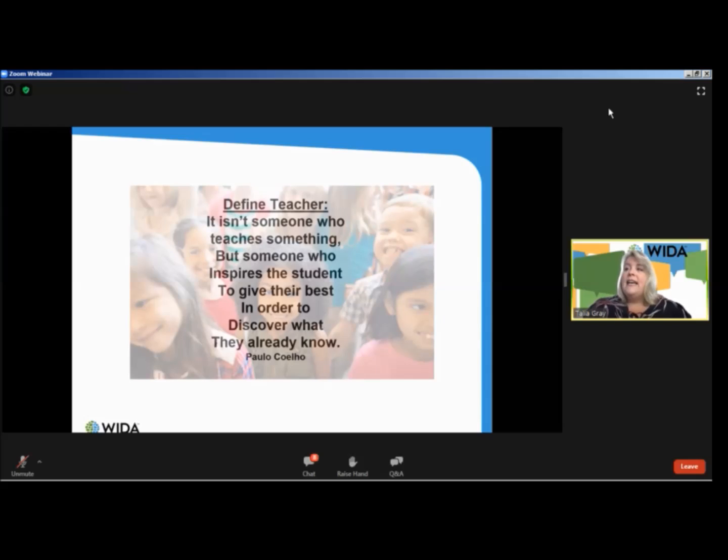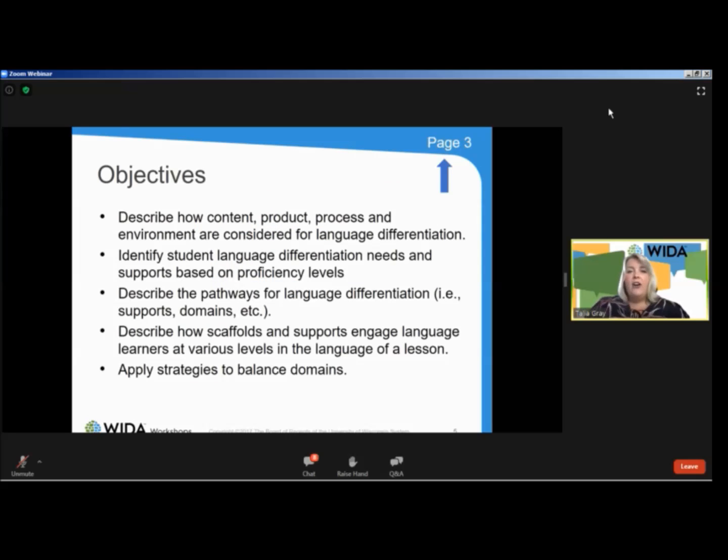It says, it isn't someone who teaches something, but someone who inspires the student to give their best in order to discover what they already know. And unfortunately, in the environment that we're in now, we sometimes can't control the environment for our students. So it's our job to make sure that they can discover what they already know and that we inspire them to be that brave.